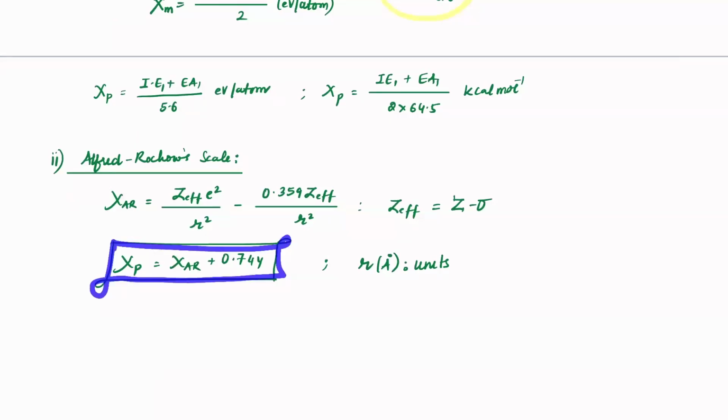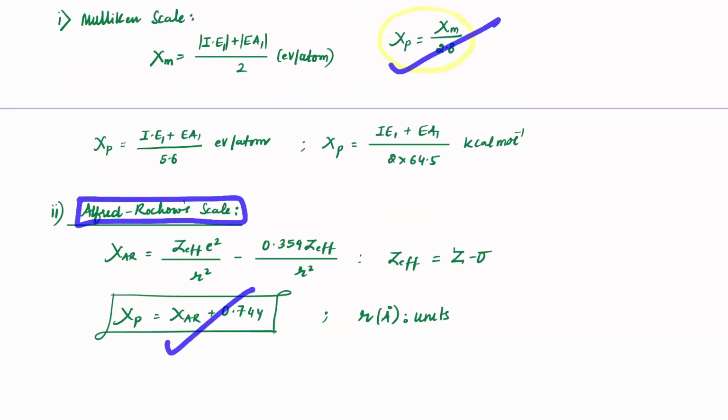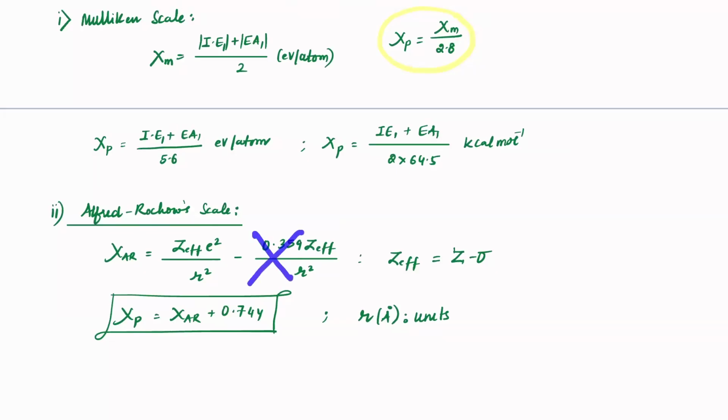That is, if Alfred Rochow's value is already given, then you just have to add 0.744 and this will come. Since this has been mentioned in NCERT, that's why we should know the formulas. Otherwise, formula-based calculations are not directly asked. Just relationship-based calculations, that is Pauling's to Alfred-Rochow's or Pauling's to Mulliken's, will be asked.